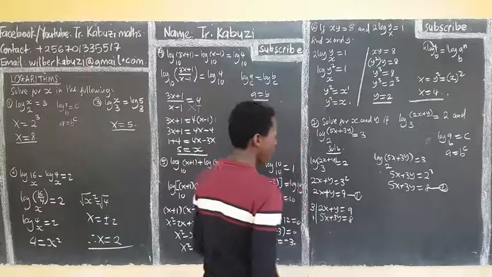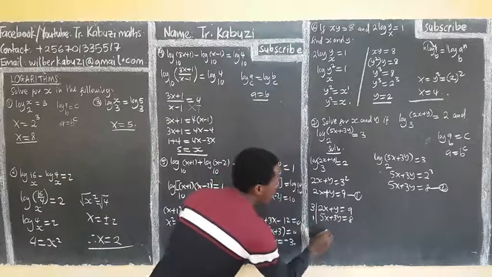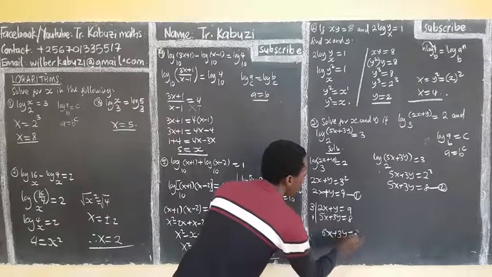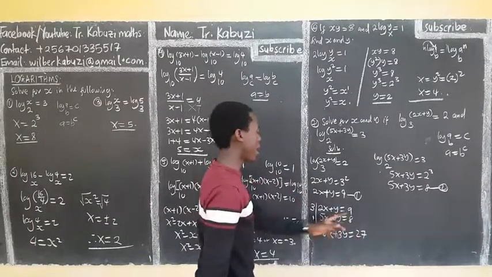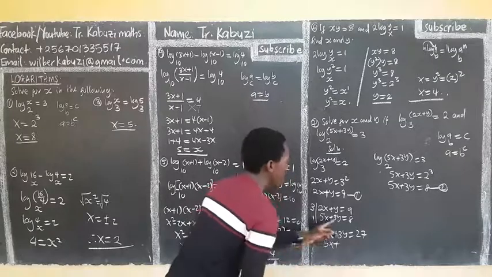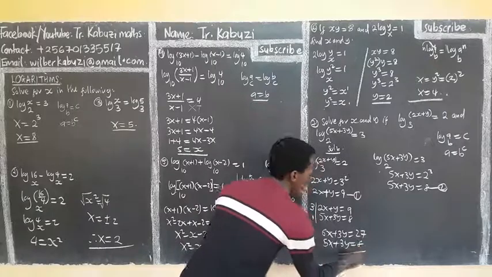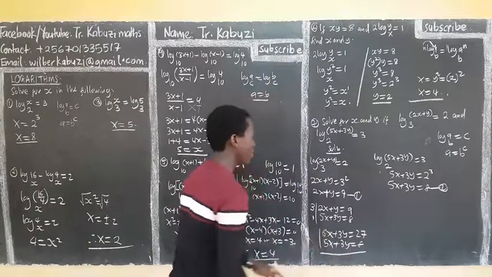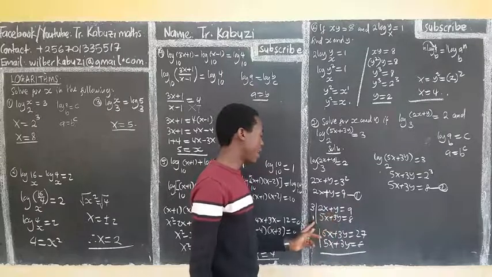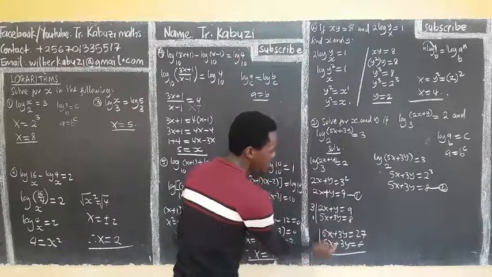When you multiply, 3 times this you get 6x, plus 3y equal to 27, 3 times 9. 1 times this you get 5x plus 1 times this you get 3y equal to 1 times 8, we get 8. Now the coefficients of y are the same. We are multiplying to make the coefficients the same.